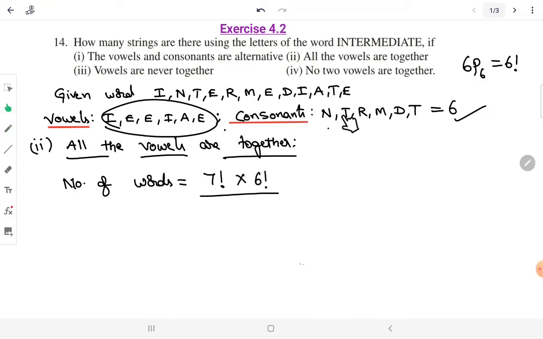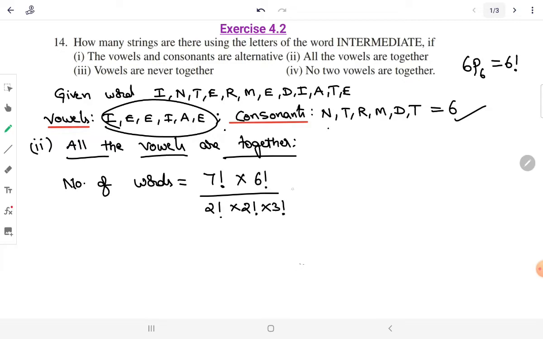So in consonants only T is repeated twice, so write down 2 factorial. Now in the vowels I is repeated twice and E is repeated thrice, so write down 2 factorial into 3 factorial.